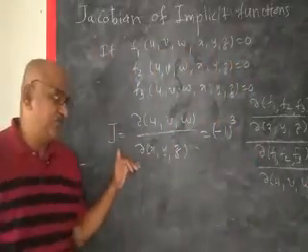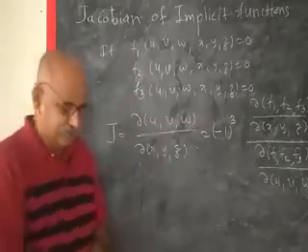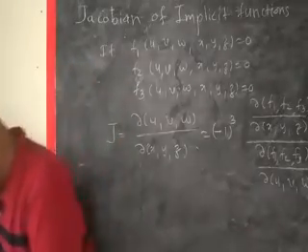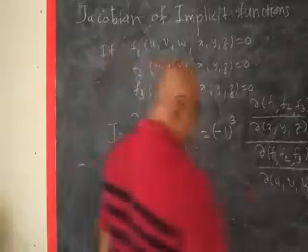This is the definition. This is the concept of Jacobian of implicit functions, you may say. Now we'll go to one or two examples.